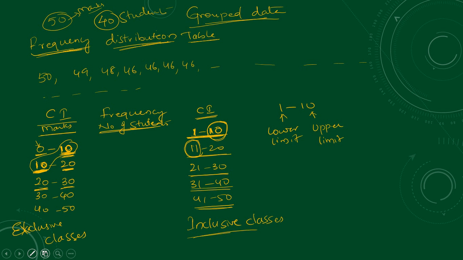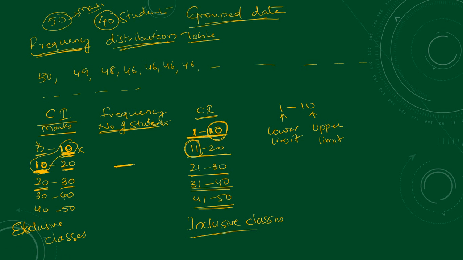If you have a mark of 10, then in which class interval will you represent that 10? We are not going to represent it in this class interval; we are going to put it in the next class interval. So the frequency of 10 will be written here.